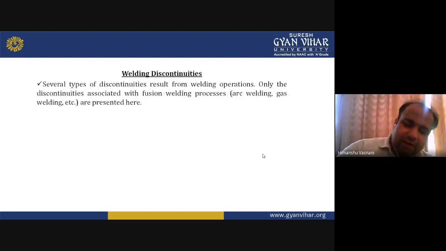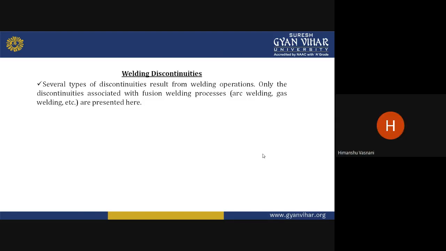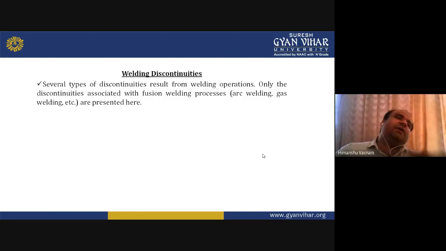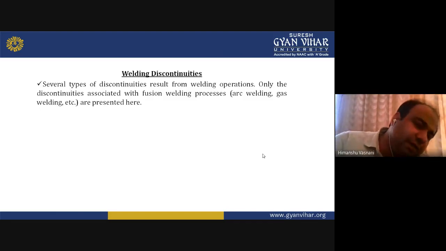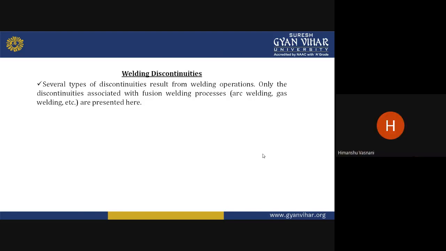Now we'll go with the welding discontinuities. Welding discontinuities are very interesting. You might have studied these in your first year in workshop, or in the third or fourth semester in manufacturing technology or manufacturing science and technology.